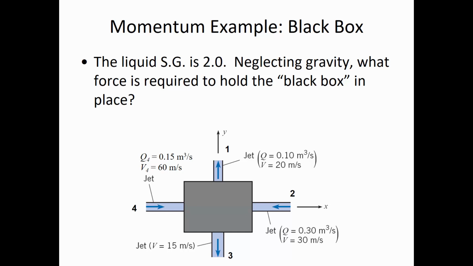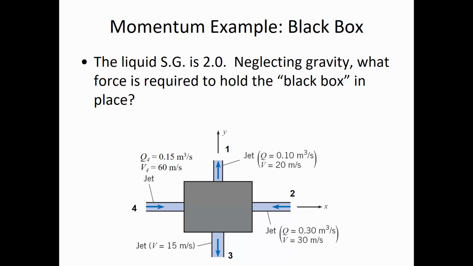And at this point, I hope you can write the momentum equation just from memory, but in case not, the sum of the forces in the X direction required to hold the system steady is the sum of the flow through the control surface, mass flow rate out, times velocity out in X, minus the sum of the flow through the control surfaces, mass flow rate in, times velocity in X. And then for Y, it's the same thing except we just change any place it said X to Y. So we need to find the mass flow rates.